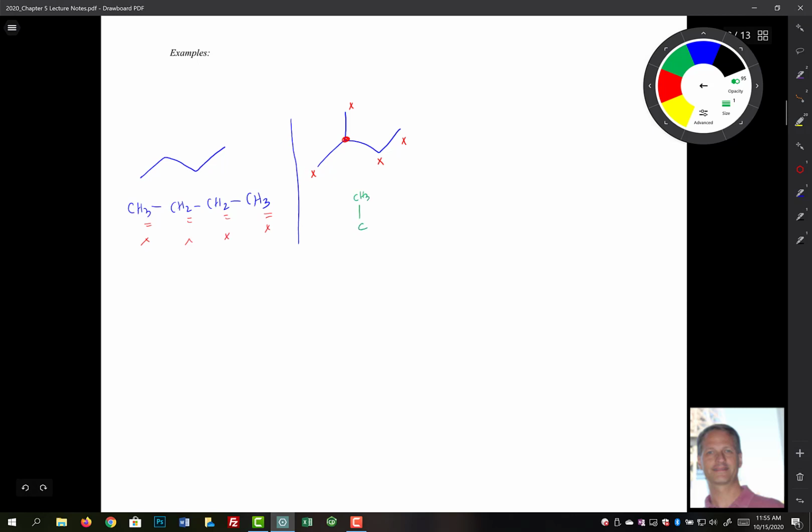There's a CH3, an H, and a CH3, and then this group here is an ethyl group. So this has 2 identical groups on it also, so this is not going to be chiral either. So achiral, and this is also achiral, no stereocenter.